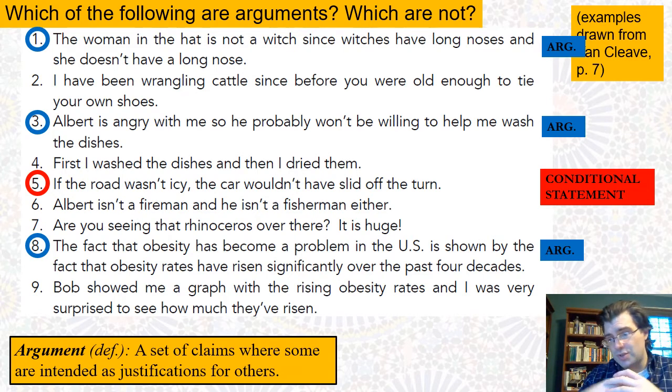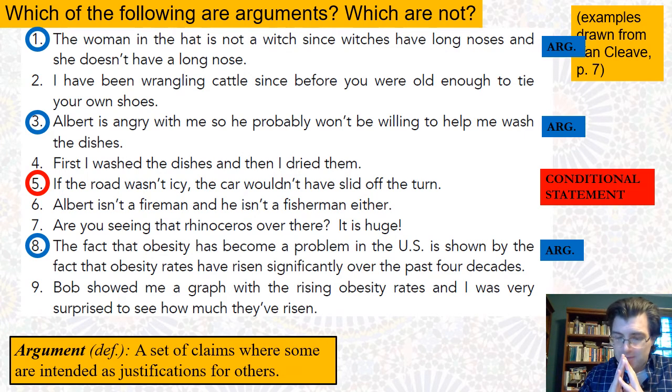Because in fact, the person who makes this claim probably doesn't believe that the road wasn't icy, right? They're not asserting that the road wasn't icy. Probably the road was icy, right? And that's part of what motivates them even saying this in the first place. So what they're doing here is that whoever's stating this sentence, they're making an if-then claim, or what is called a conditional claim.